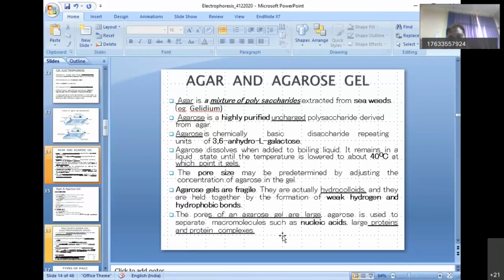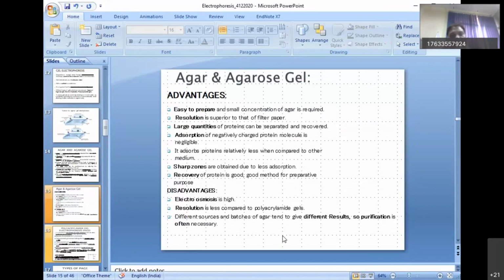The advantage of this agarose gel is that it is easy to prepare, and a small concentration of agar is required. The resolution is superior to that of filter paper.